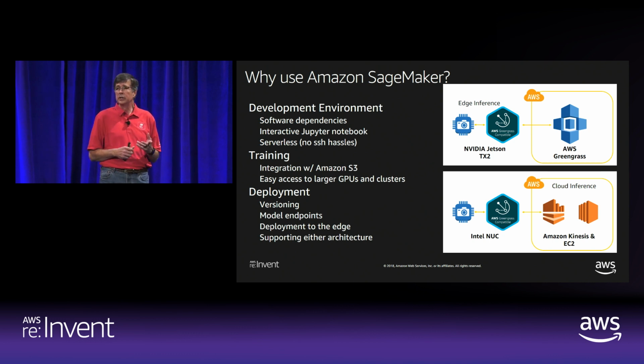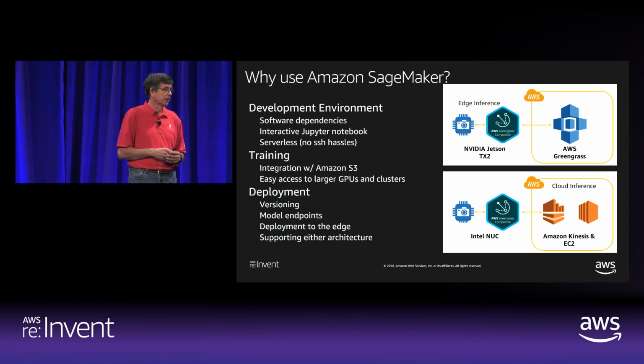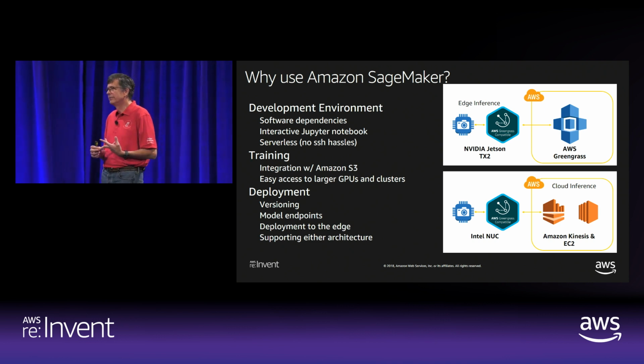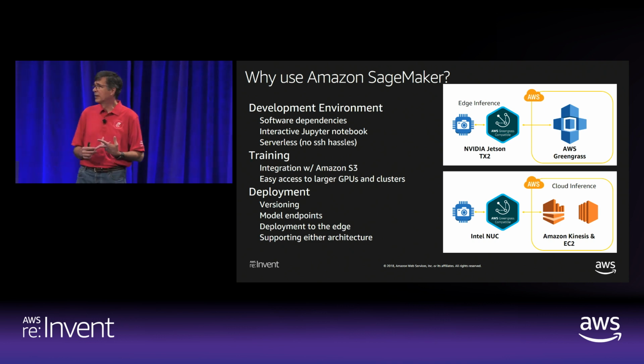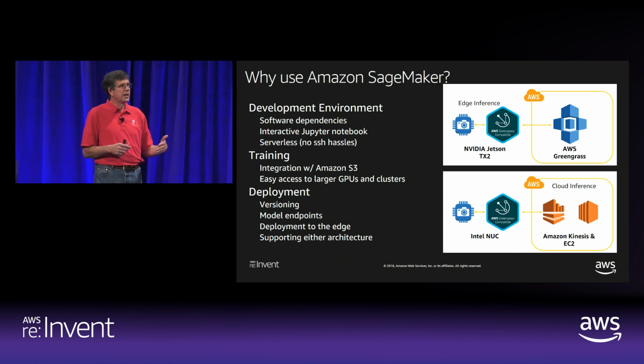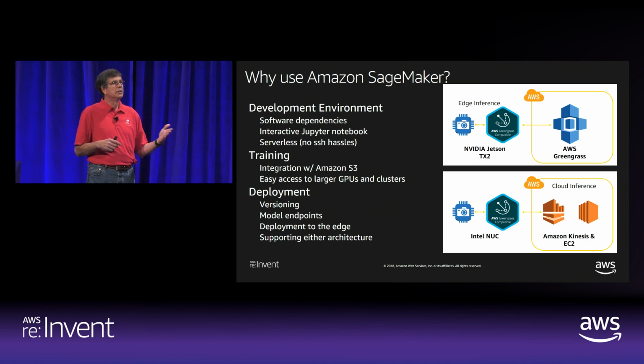SageMaker, on the other hand, is completely managed. So if you select SageMaker and you crank up a notebook, you can do that in about 2 minutes, and immediately you'll have a development environment that's ready to go, regardless of which one of those frameworks you're going to use. Likewise, it's going to give you an interactive Jupyter notebook to work with. So if you've never used a Jupyter notebook, that means you're going to be able to write your program interactively, and you can do that from a web browser.